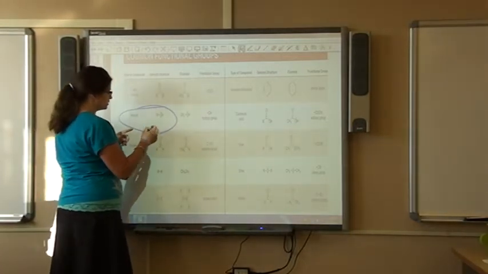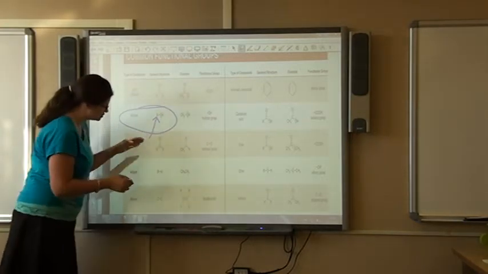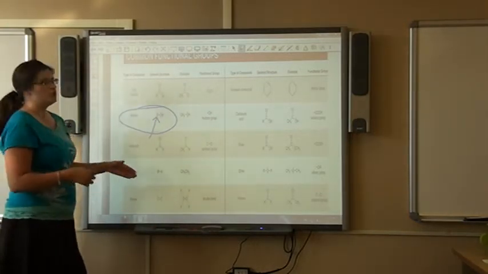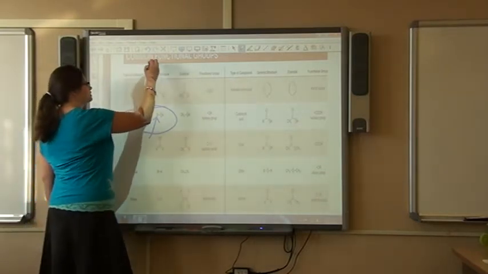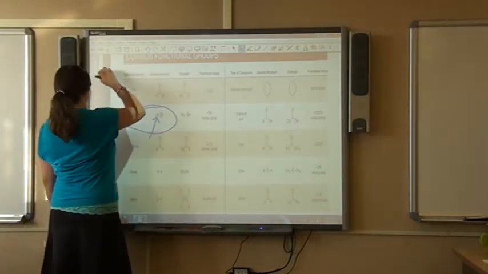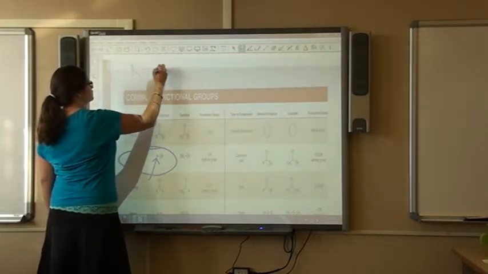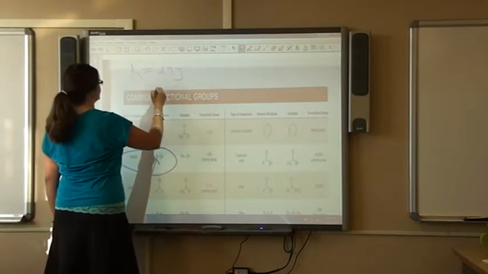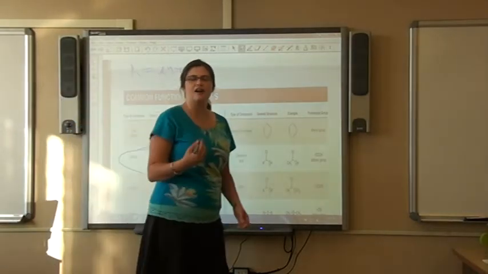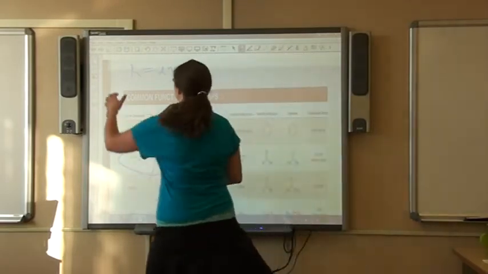Now, the thing that you'll notice on your sheet is that there's an R attached to each one of these compounds. What does that R mean? R stands for any carbon group.